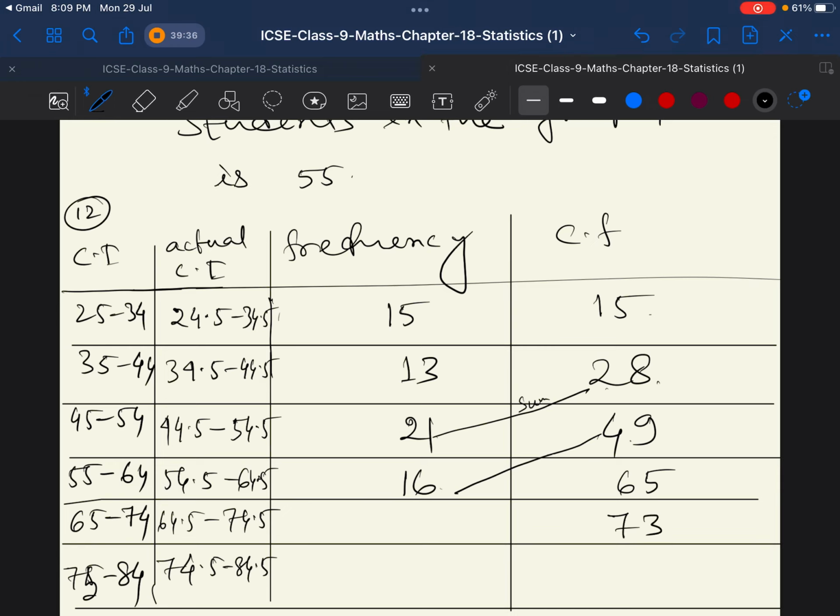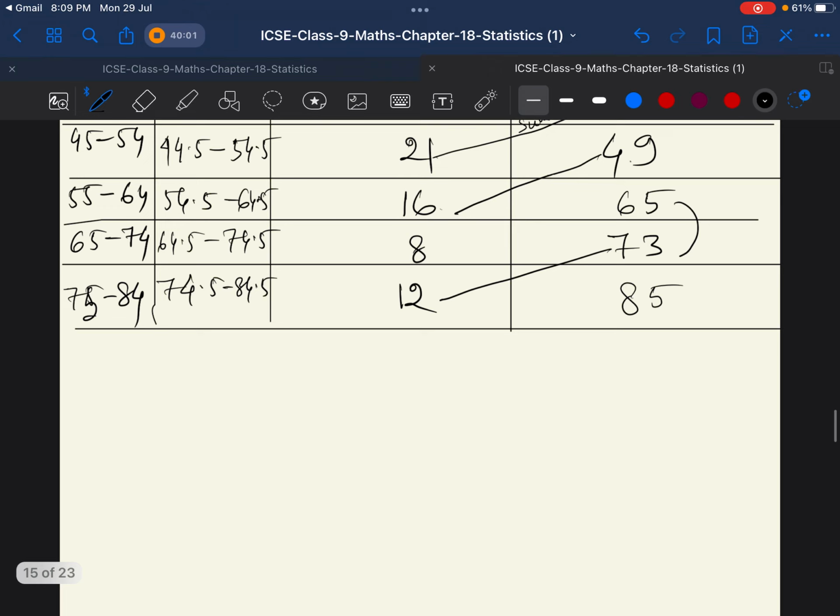Now the next row cumulative frequency 73, so we subtract this number. 73 minus 65 will be 8, and then 12 is in frequency, so we add here 73 plus 12, we can find 85.